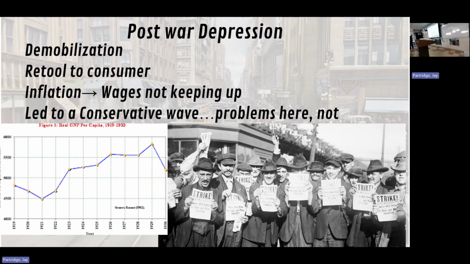Not overseas, not international. We have our own problems. We should care about this. And that's going to trigger a conservative wave, not only isolationists, but also conservative economics and conservative in attitude, which we'll get to.